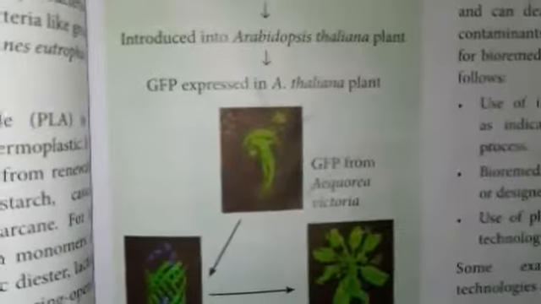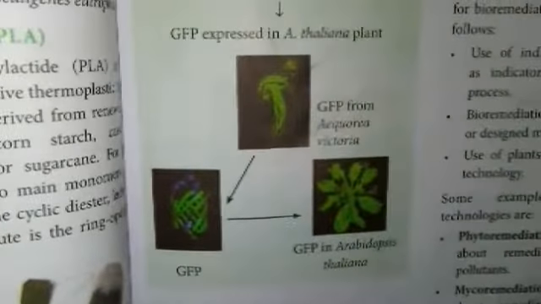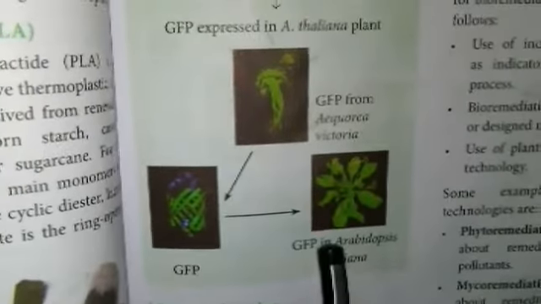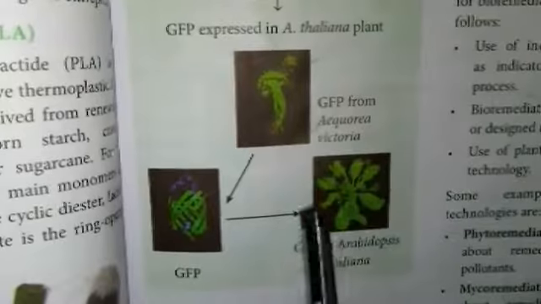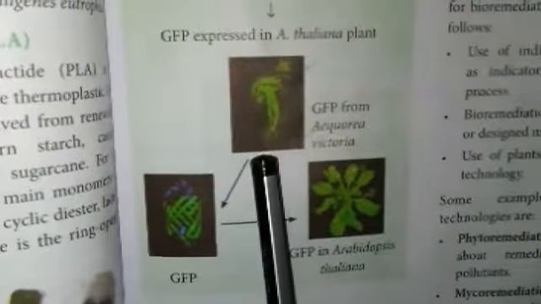The green fluorescent protein is expressed in Arabidopsis thaliana. So when this Arabidopsis thaliana is exposed to blue or ultraviolet rays, it can emit the green fluorescent color, which is derived from the jellyfish.